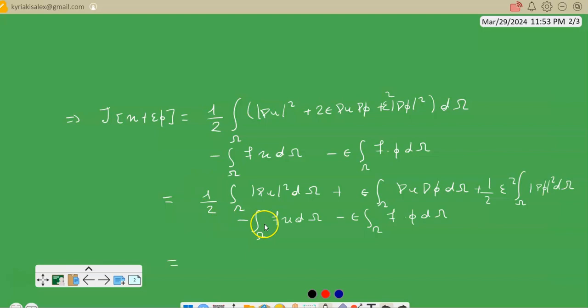We collect this term and this term here. So these two terms, we collect them. There is a reason why, and you will see in a while. This one and this one.